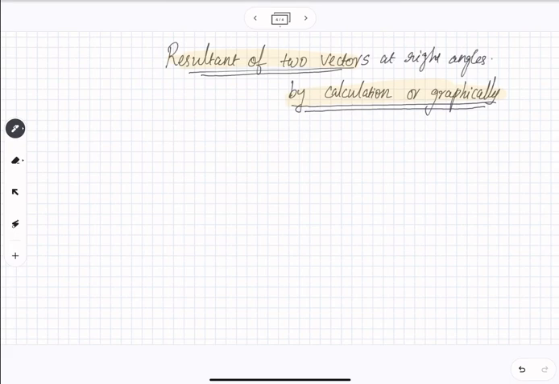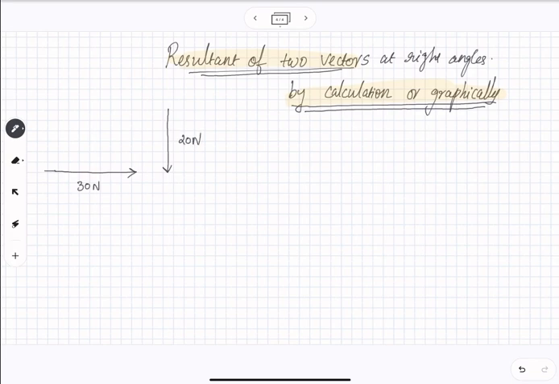So here, for example, two forces are acting on an object. The first force is horizontal, which is a 30 Newton force. As you can see, it is acting towards the right. And the second force acting on the same object is a 20 Newton force, which is acting vertically downwards.